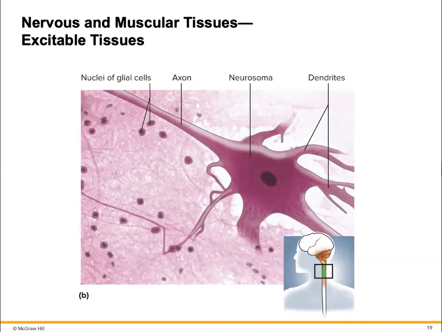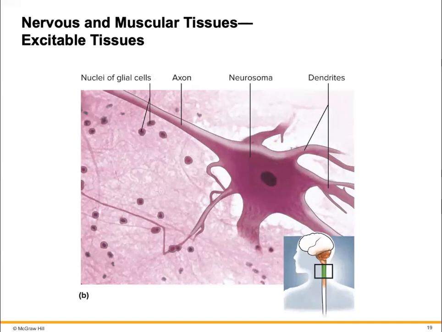Technically, nervous tissue is made up of about 90% glial cells and 10% neurons. So the neurons, although they have a huge function in communication, the glial cells are what allow them to continue functioning because they're constantly being activated.